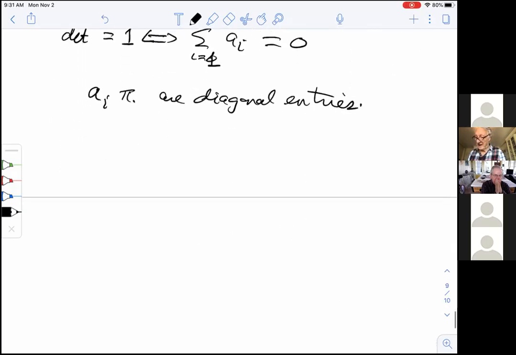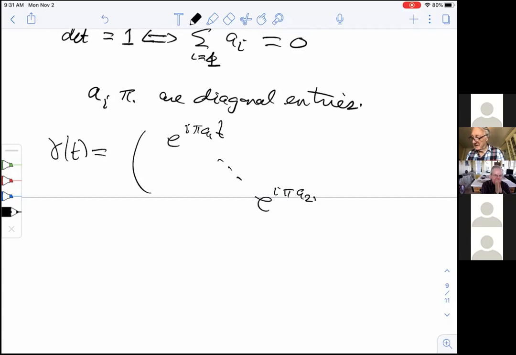So here's what I'm looking at. I'm looking at something conjugate to e to the i pi a1 of t, through e to the i pi a2n of t, where the summation from i equals 1 to 2n of the ai is 0.